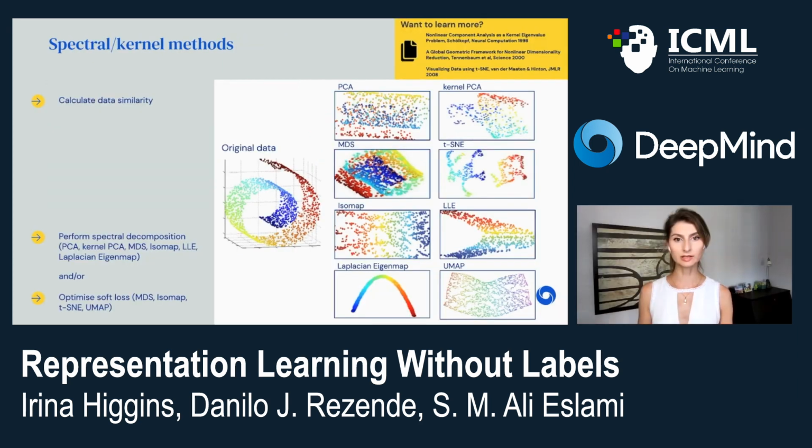Some of the earliest unsupervised learning methods for dimensionality reduction and clustering, like PCA, were operating on the original data manifold. These methods could broadly be described as performing two steps. First, the data similarity matrix would be calculated. Then, a form of spectral decomposition or a softer embedding optimization objective would be applied.